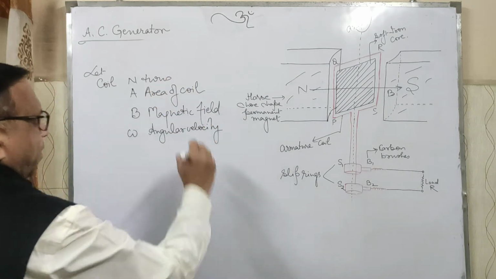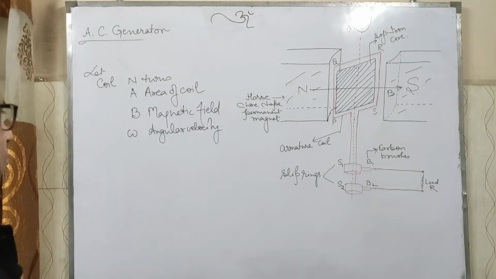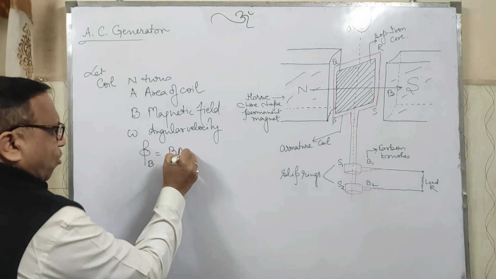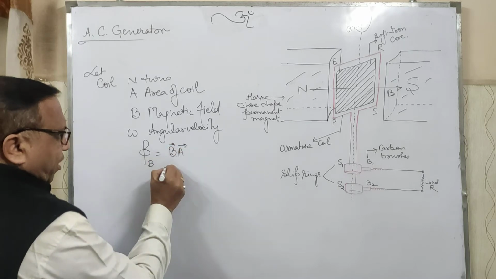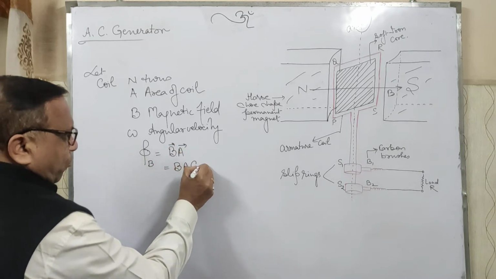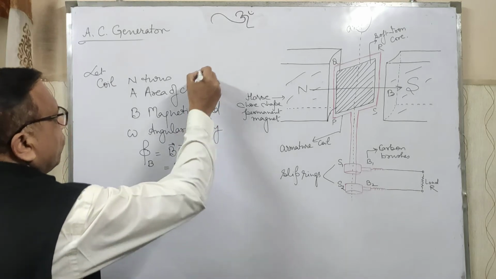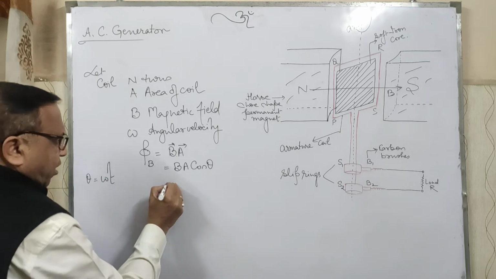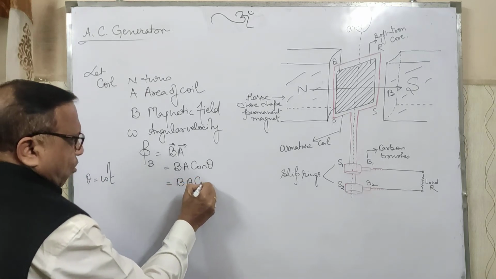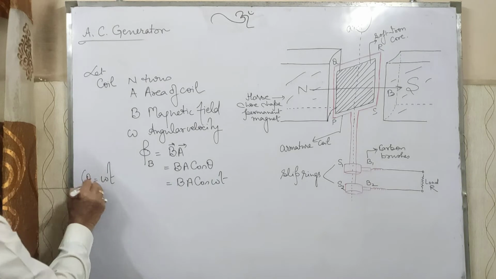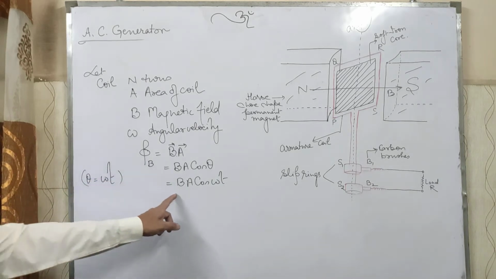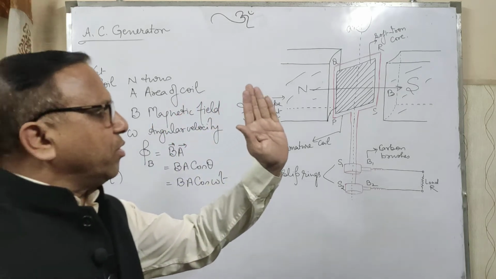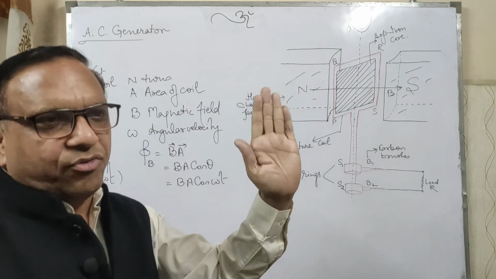Is it right? So what is the flux linked? What is the relation for magnetic flux linked? Phi B is equal to B dot A, or we can say BA cos theta, and we know theta is equal to omega t. So we can write BA cos omega t. As the coil rotates continuously, there will be a change in magnetic flux.